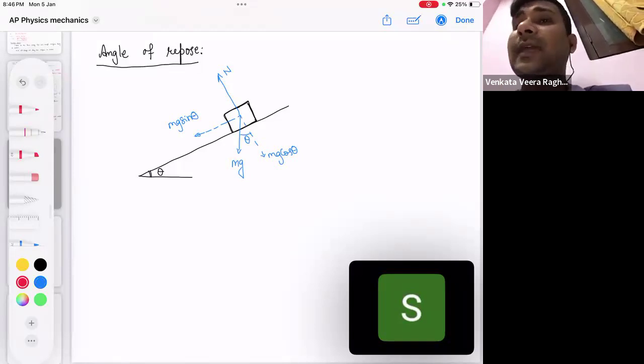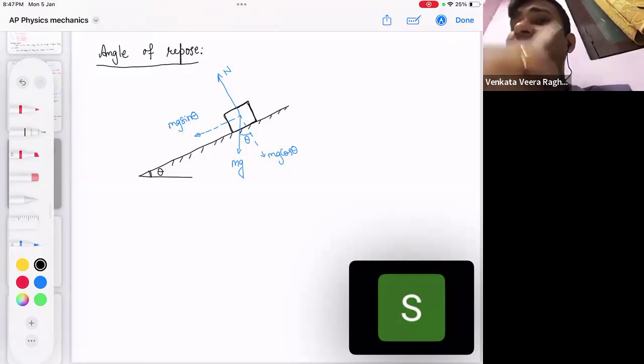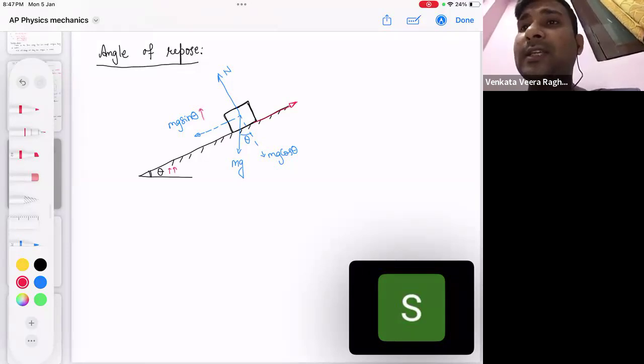Now tell me what will happen initially. Initially, mg sine theta is trying to slide the block down the plane. Right? This is a rough inclined plane. So initially, when mg sine theta tries to slide it, friction will adjust its value, isn't it, and keep it at rest. I increase the inclination further, so I am increasing theta, increasing theta. So mg sine theta will keep on increasing.